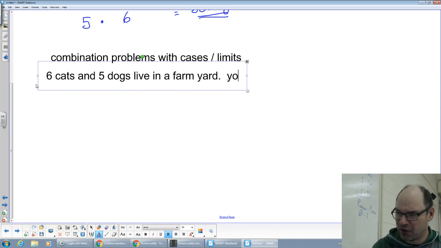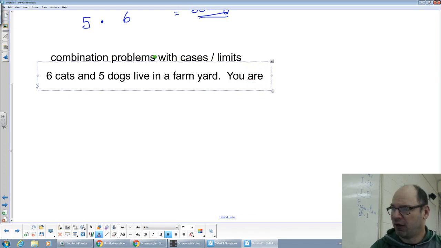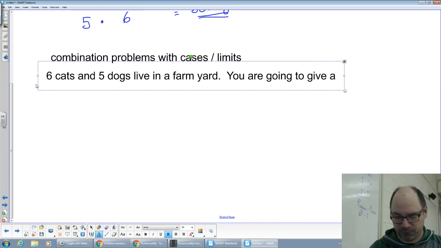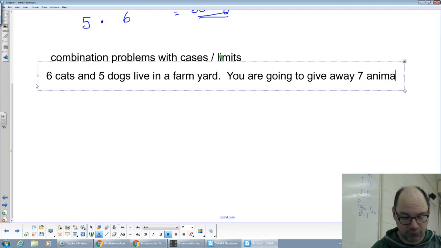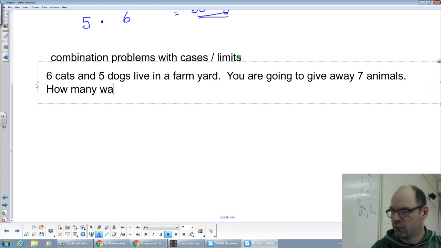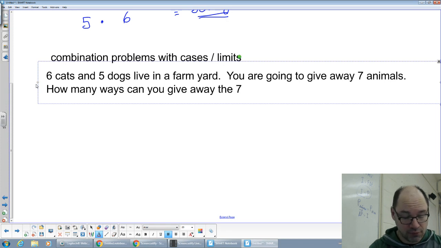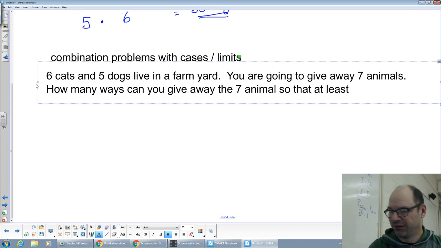You are going to give away 7 animals. Okay, how many ways can you give away 7 animals so that at least 3 cats are given away?